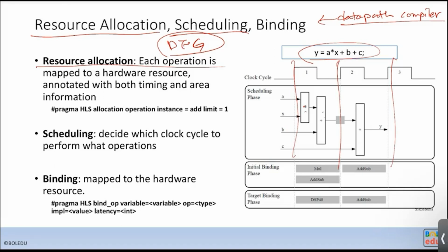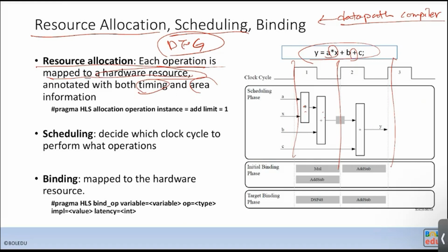Each operation, like a multiplication or an adder, is mapped to a hardware resource. This hardware resource is at a very high level. It could be a built-in existing library, like a multiplier or adder library, annotated with timing and area.